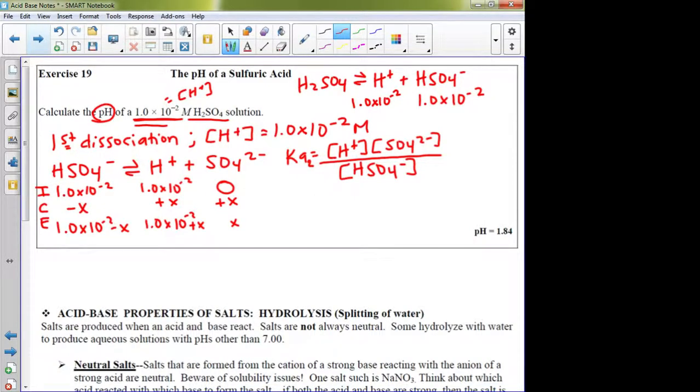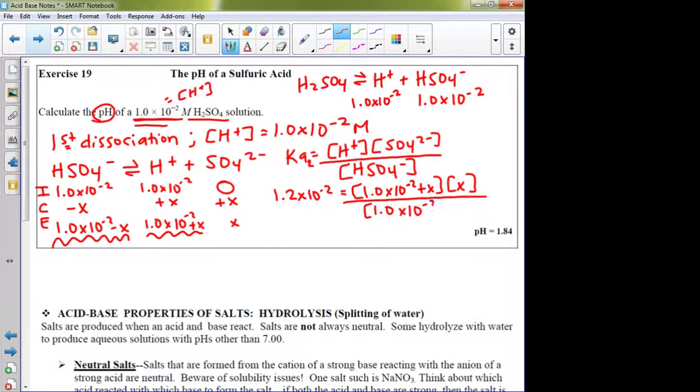So I say 1.2 times 10 to the negative 2 is equal to my concentration of hydrogen at equilibrium, 1.0 times 10 to the negative 2 plus x, times my concentration of SO4 2 negative, which is x, divided by my concentration of HSO4 negative at equilibrium, 1.0 times 10 to the negative 2 minus x.